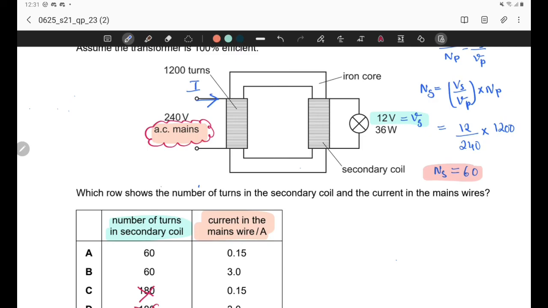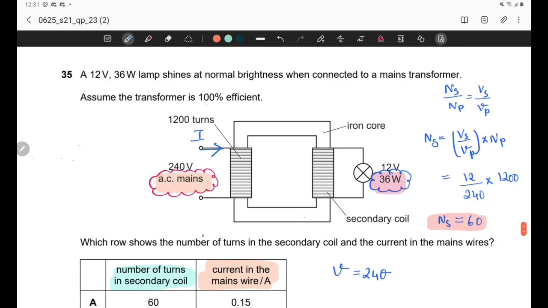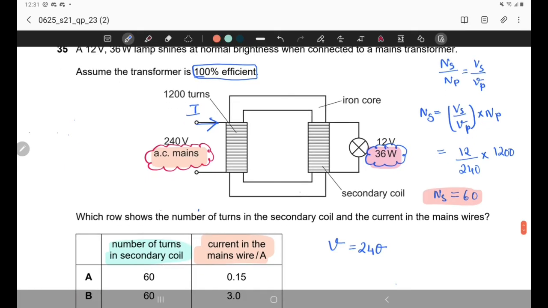We have the voltage at the primary terminal, that is 240, and we have the power at the secondary terminal. We don't have the power at the primary terminal, which is not given, but the power at the secondary terminal is given. But we know that as the transformer is 100% efficient, whatever the power at input will be the same as the power at output.